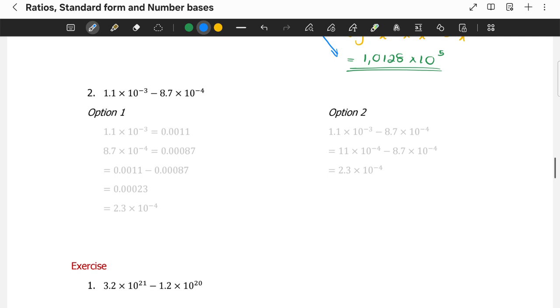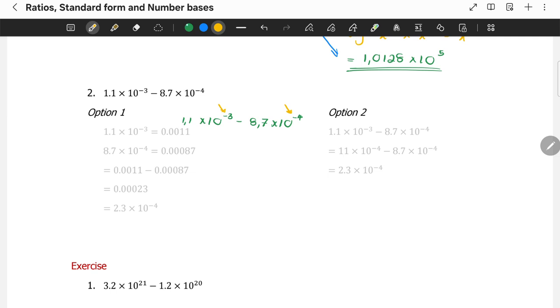Okay, so yeah, let's say we have this one, which is for subtraction, where we have 1.1 times 10 to the power minus 3 minus 8.7 times 10 to the power minus 4. Again, they are different in that we have minus 3 here and minus 4 there.